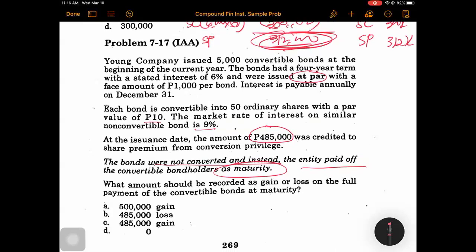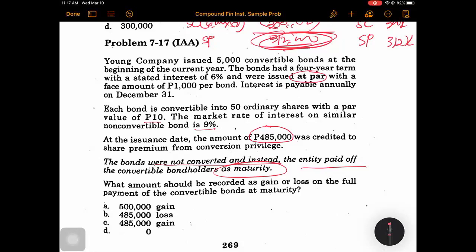Pilang issue price ani? Although the question is not necessary to compute, but for accounting procedure, how do we account for this transaction?